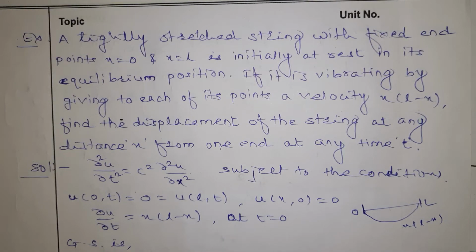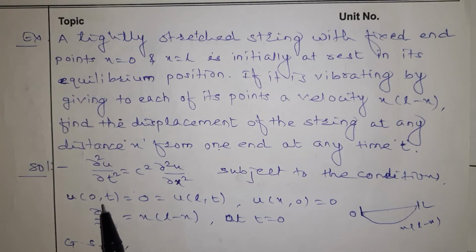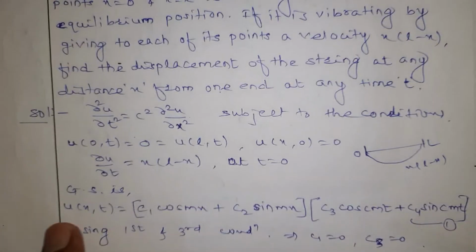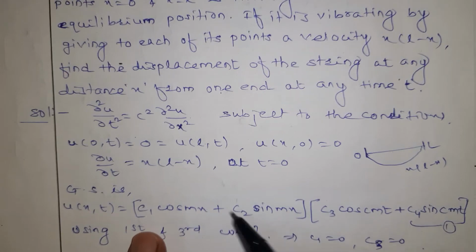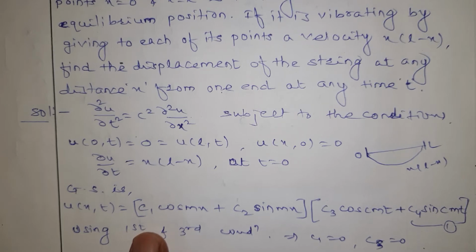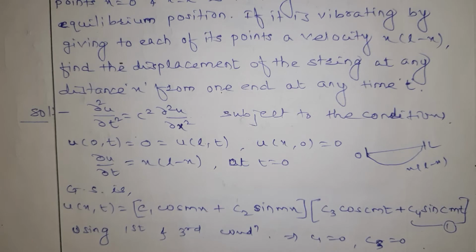Now one by one we are going to use them. Use the first condition on the general solution. What is our general solution? u of (x, t) is equal to (c1 cos mx plus c2 sin mx)(c3 cos cmt plus c4 sin cmt). Now do the exercise, because we have solved a problem in the last session. Use the first condition as well as the third condition and find the values of the constants.